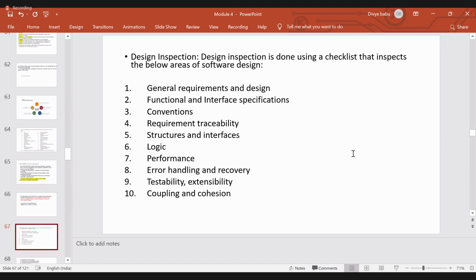Then general inspection. General inspection is actually done with the help of a checklist. Here we should check each and everything in your software design. The design is already done.